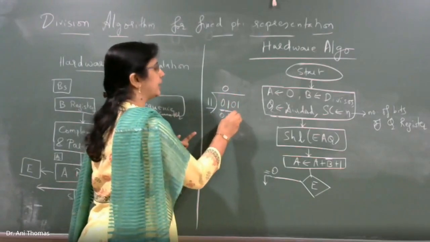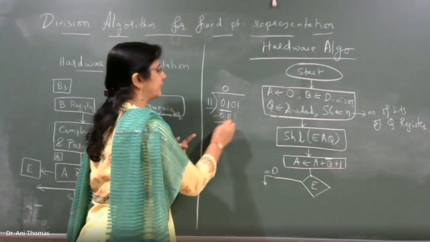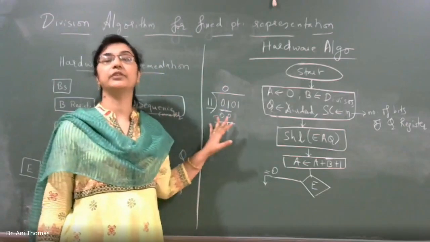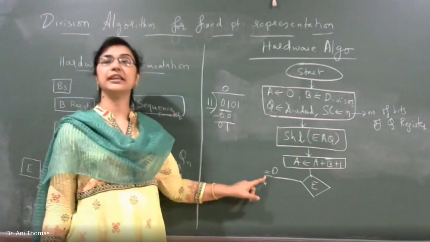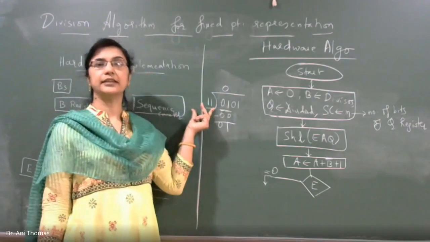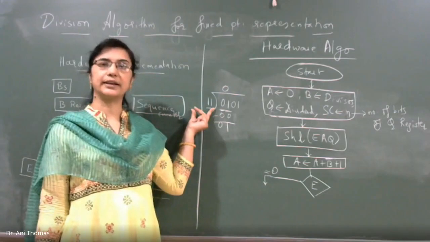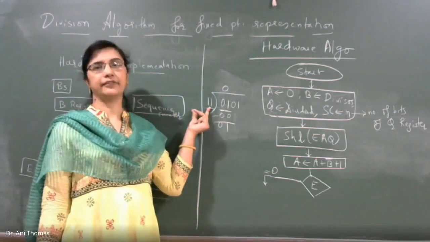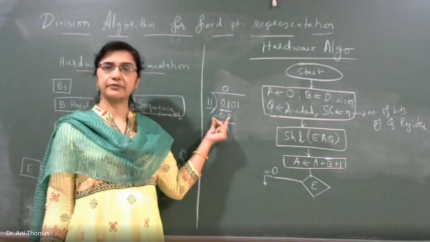We leave it as it is, minus 0 0, and we bring it as it is, 0 1. So we are not subtracting with 1 1. If E is equal to 0, that means this is smaller than this one. It indicates that this dividend part is smaller than the divisor part. So in that case, we don't have to subtract with the divisor.